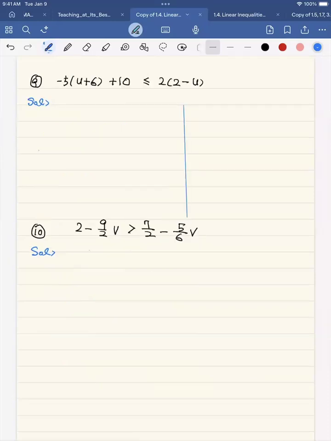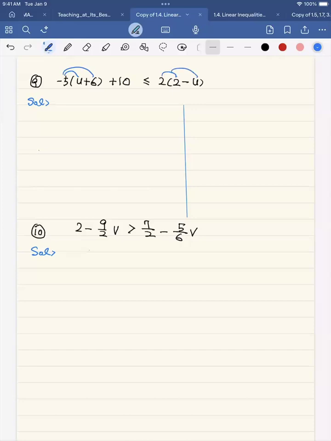In the next example, we have minus 5u plus 6 plus 10 less than or equal to 2 times 2 minus u. So we do distribution.